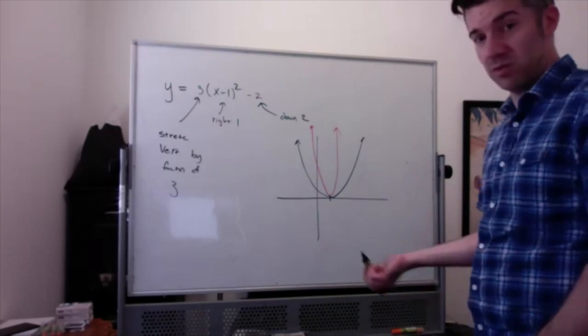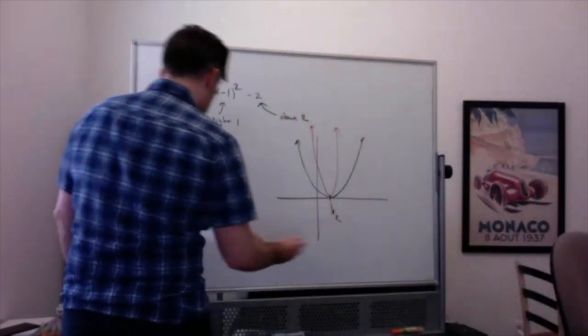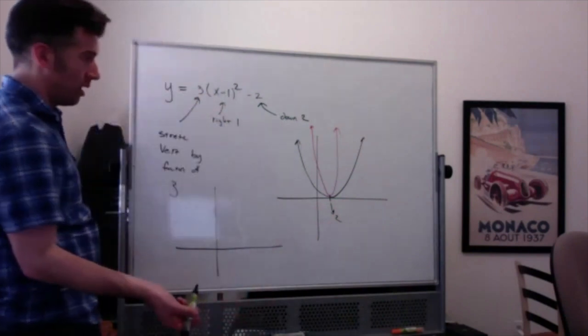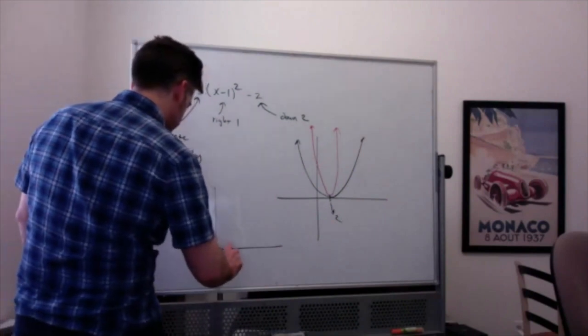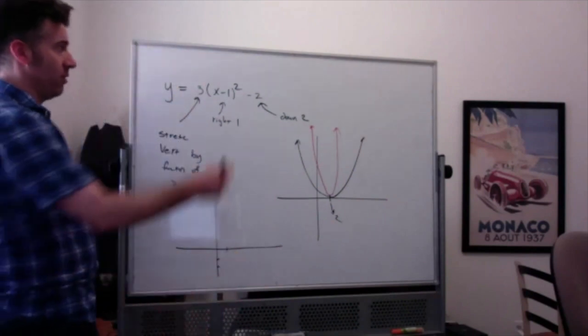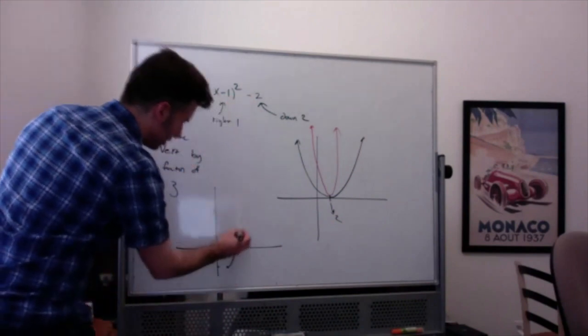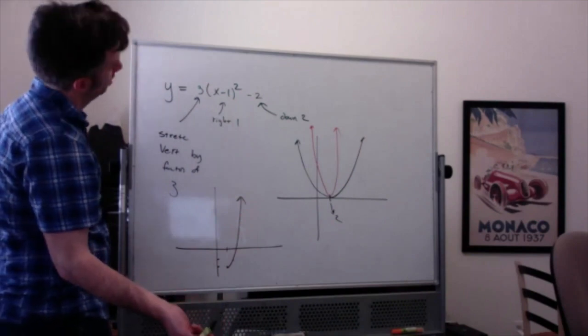I suppose I should finish this one. So I know that I'm going to go down 2. My end result here would be a parabola whose vertex is at 1, -2. If you plug in 1 for x, you get -2 for y. And it is much steeper looking than the usual parabola.